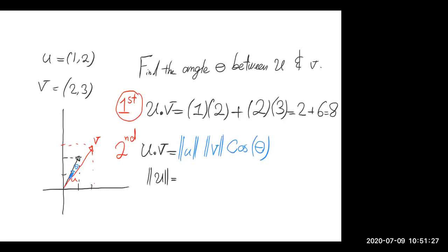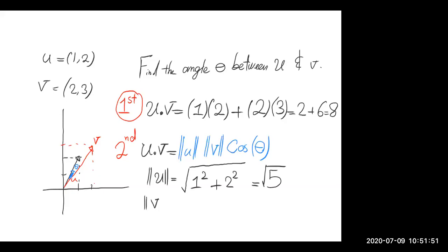Well, the length of u, remember, is equal to the square root of the sum of squares of its components. The norm of u is the square root of 1 squared plus 2 squared. That's the way to compute the length of a vector. It would be square root of 5.